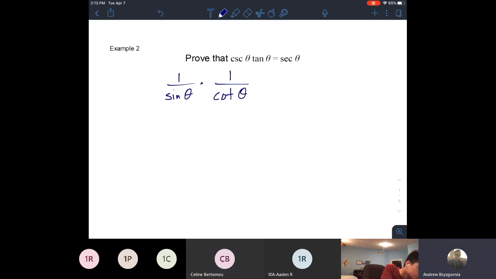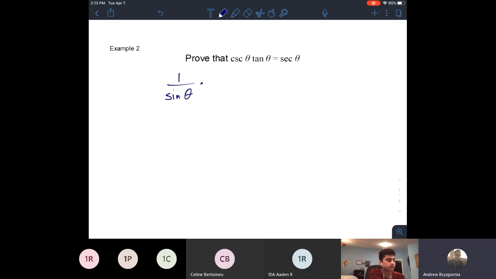Now, one thing, don't write this down yet. Can we simplify this at all? Is there anything that's going to cancel? No, it doesn't look like we're going to be able to cancel anything. So while Aiden is correct, tangent is 1 over cotangent, I'm going to say that we don't want to use that fraction.